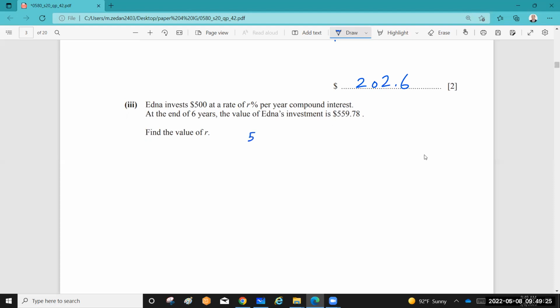The invested money 500 times 1 plus R%, where R% is per year, to the power of the number of years, which is 6, gives you 559.78. So divide each side by 500. You will get 1 plus R% to the power 6 is equal to this value, which you can find with a calculator.